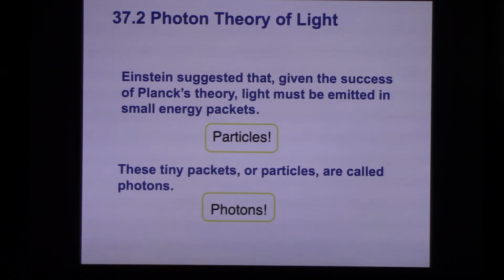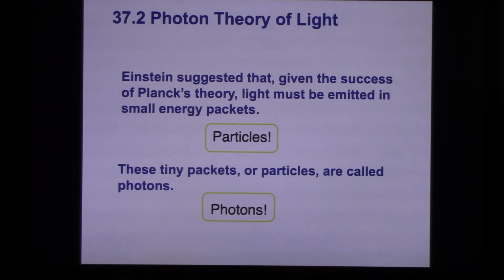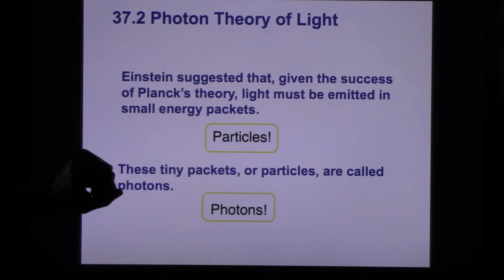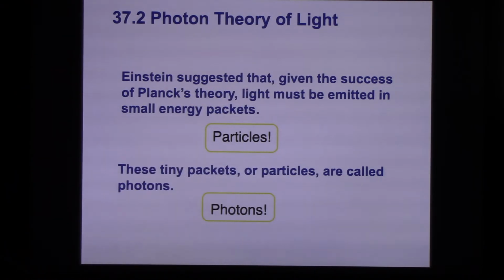But for a couple hundred years, physicists had been observing wave effects using light, and so people had drifted away from the particle view and said it's really more of an amorphous effect that just spreads through space. It's not individual particles. Well, Einstein saw this prediction from Planck and said, they are particles, let's call them photons. And so physicists came to call these photons.